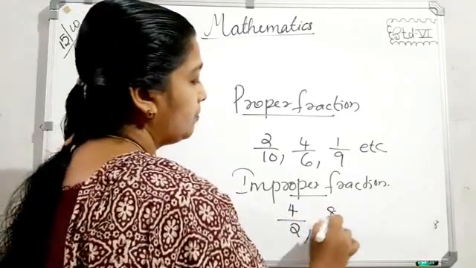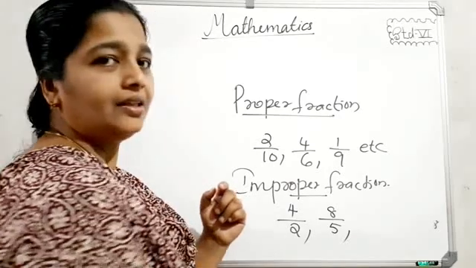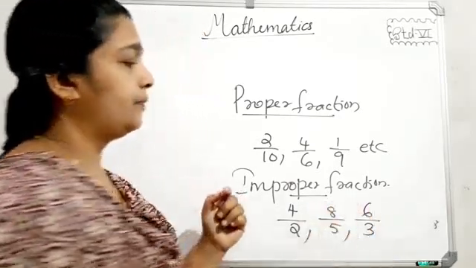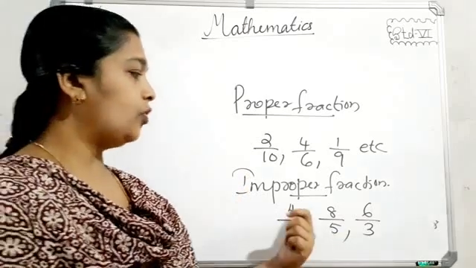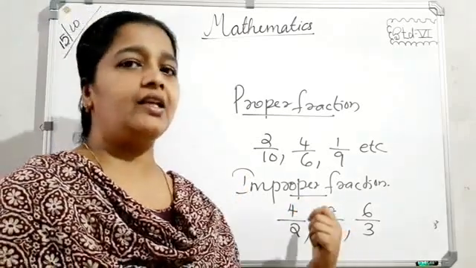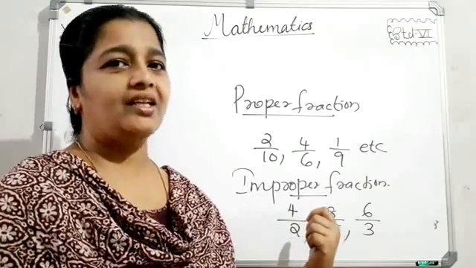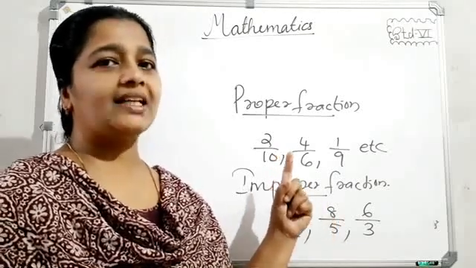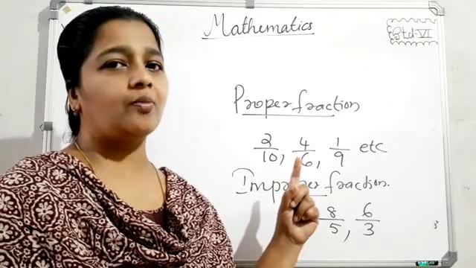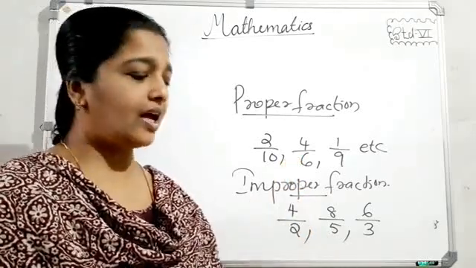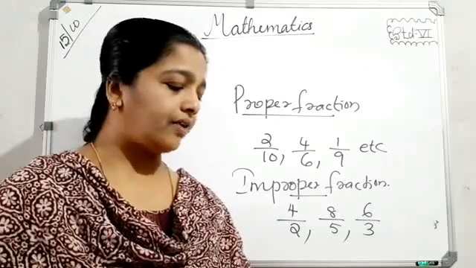Next, 8 by 5, 6 by 3. So these, where the numerator is greater than the denominator, are called improper fractions. So what is proper? Numerator less than the denominator is a proper fraction. Numerator greater than the denominator is an improper fraction.